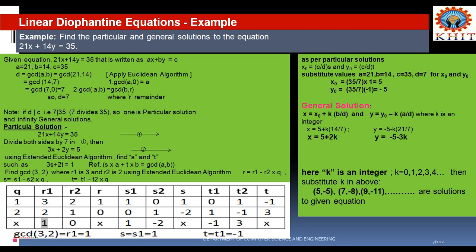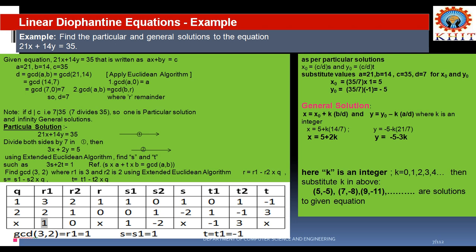For that purpose, the first step is to write the given equation in the form of ax plus by is equal to c, so that we get the a value, b value and c value. Here a is equal to 21, b is equal to 14, c is equal to 35. Find the GCD of a and b, that is the d value. After that, check whether it has a solution or not.